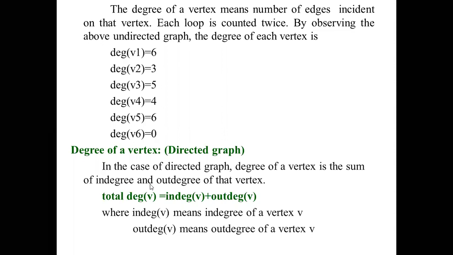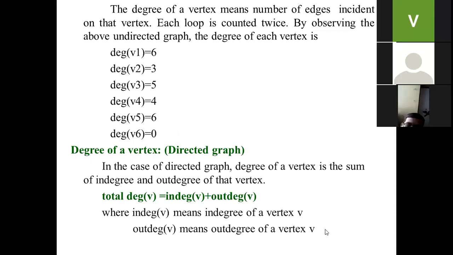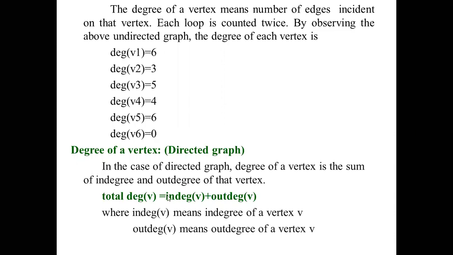So the total degree of V is equal to in degree of V plus out degree of V, where indeg(V) means the in degree of vertex V and outdeg(V) means the out degree of vertex V. The total degree of a directed graph is the sum of in degree and out degree.